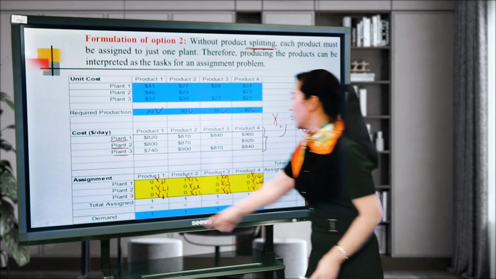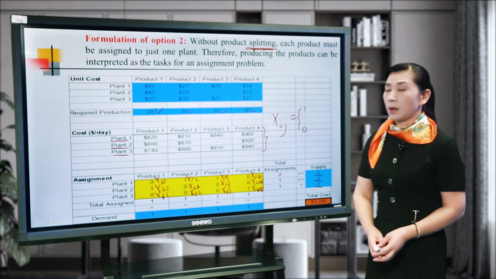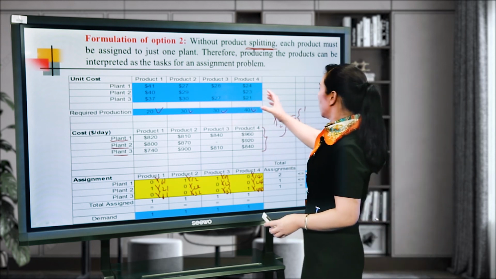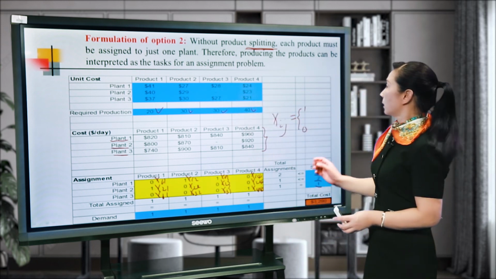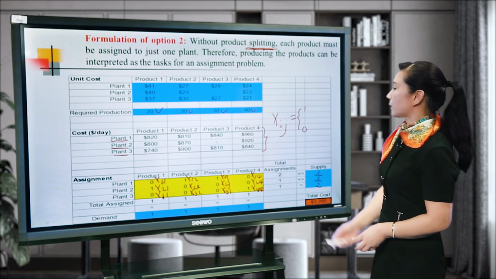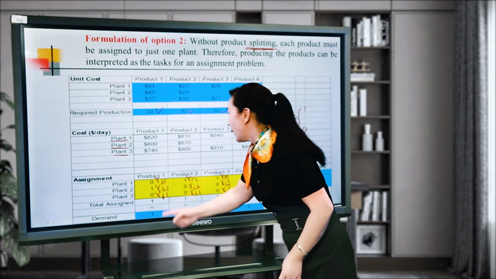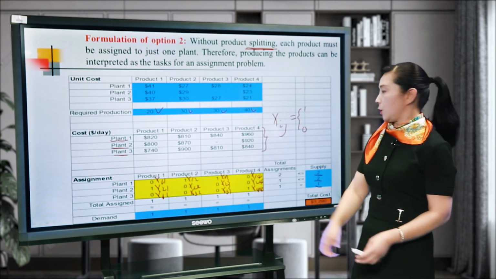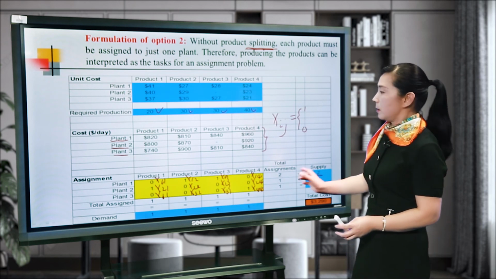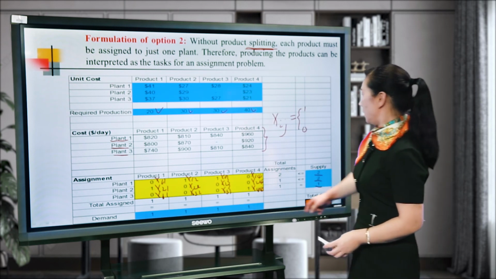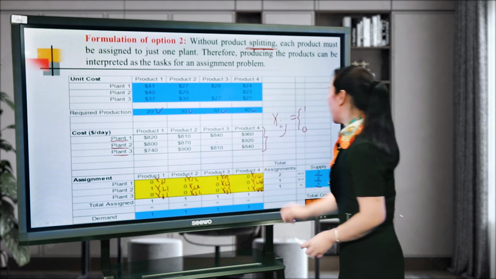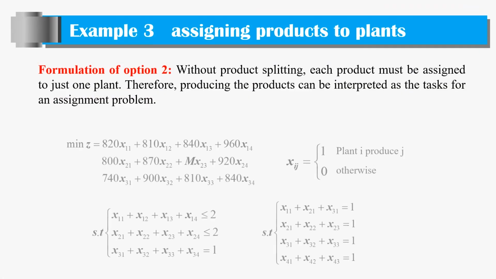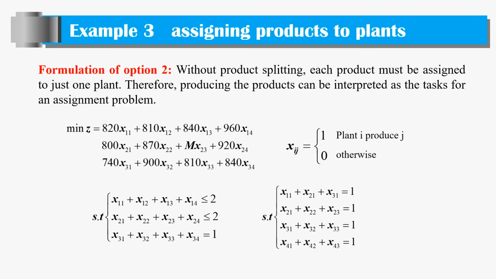Plant 3's available capacity is 14,000, so it can produce only 1 product. So the requirement constraint is that the sum of these decision variables equals 1, and the supply constraint is that the sum of the decision variables is less than or equal to the supply. So we get the model of this program.